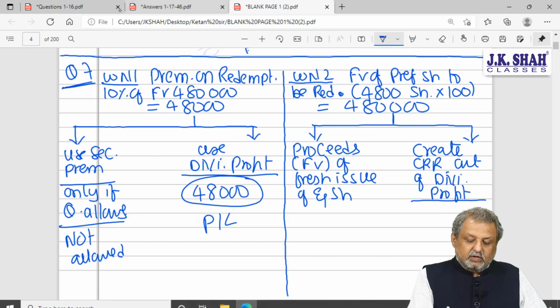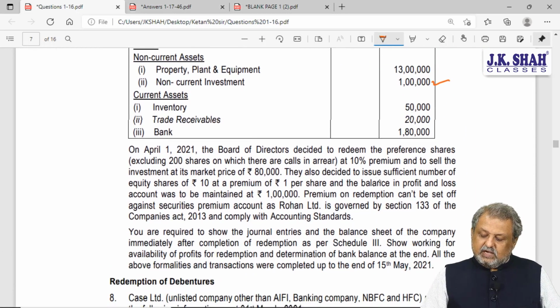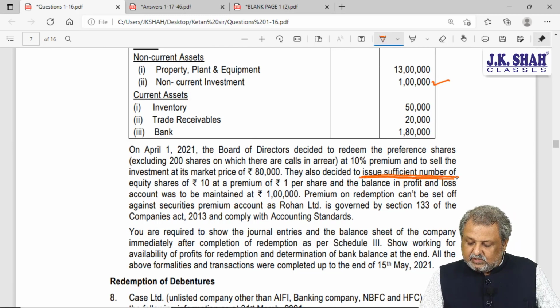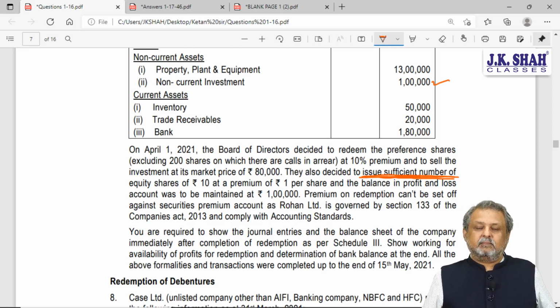Now out of the two, when they say that company decided to issue sufficient number of equity shares, the word sufficient means necessary, whatever is necessary, required, minimum.